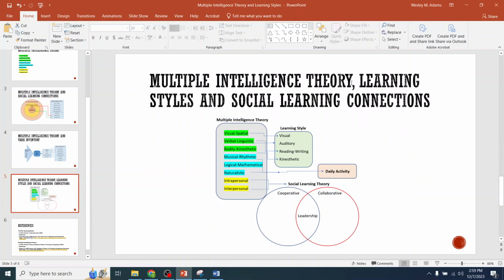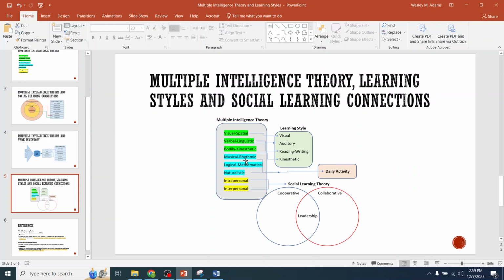All right, multiple intelligence theory, learning styles, social learning connection. Let's tie this all up from the last lecture to this one. That is called conceptual learning, which we'll get to. Linking concepts. We're also going to bring in a component that we'll talk about when we get to information processing in week 6, which is blocking or chunking information.